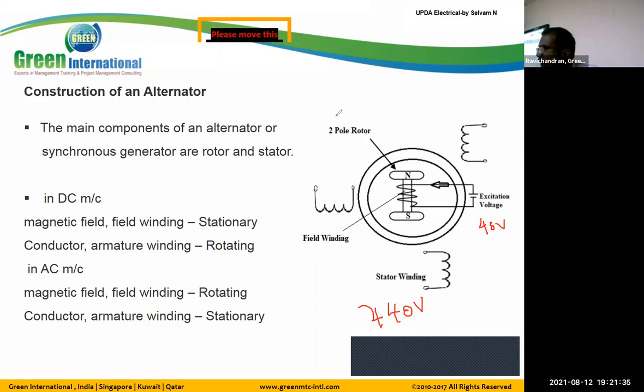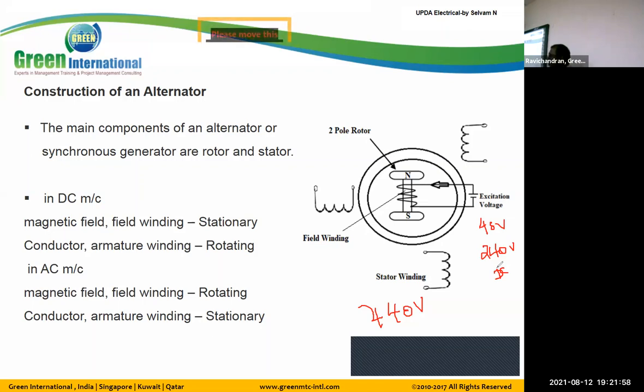So if the alternator is used to generate 11 kV, for these types of alternators we need only a 240 volt DC supply, at the maximum 400 volts, simply less than 400 volts.